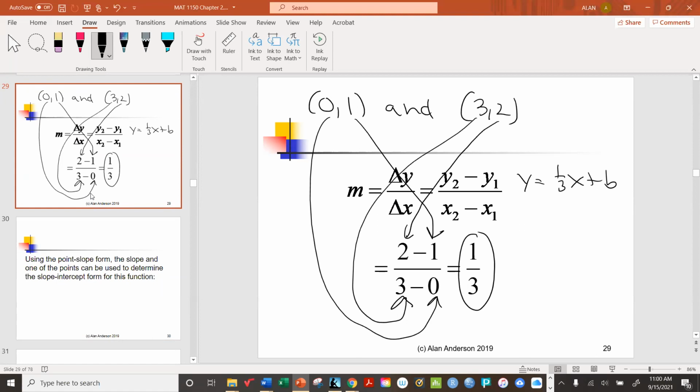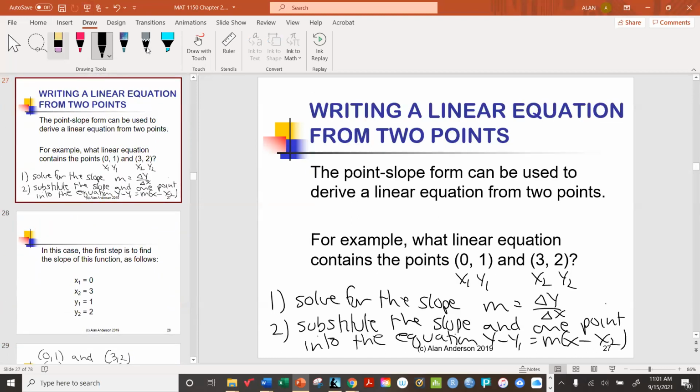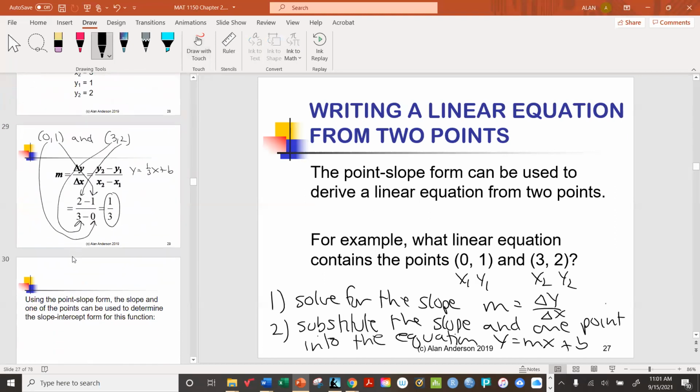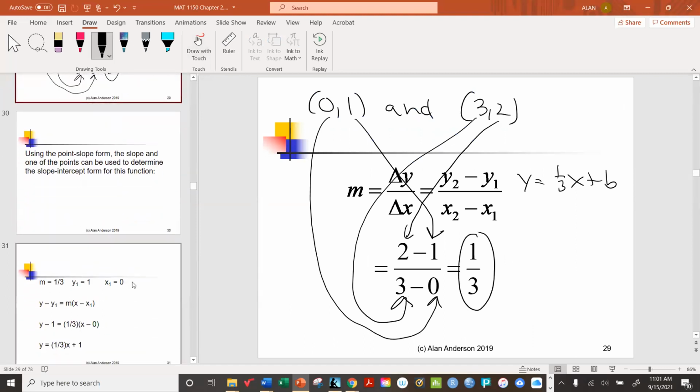And we can pick either point to plug into this equation. I think I wrote the wrong thing here. We're going to plug this into the other form, y equals mx plus b. Okay, so let's do it. Now, it doesn't matter which point you pick.